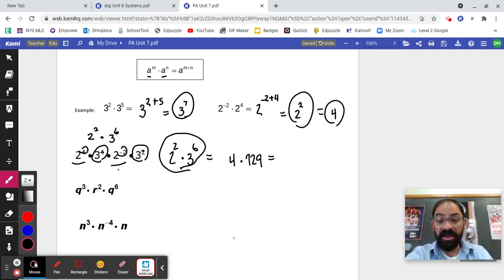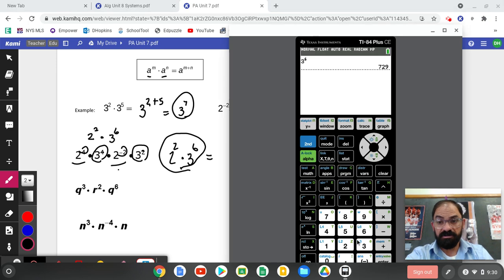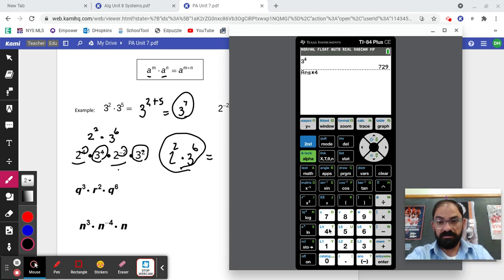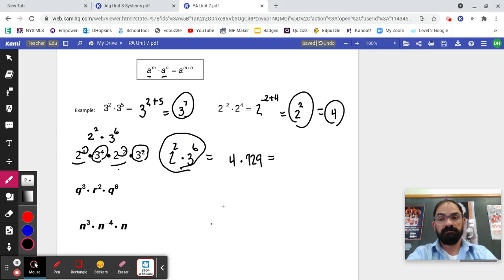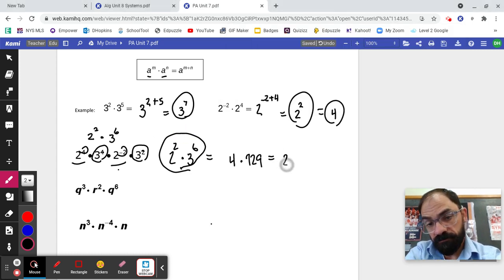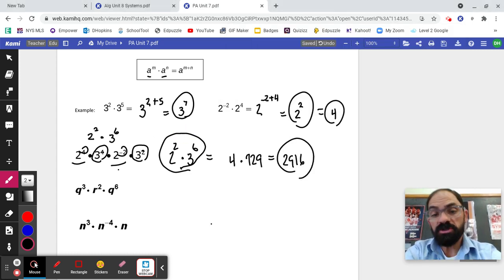And if I was to multiply that, 2,916. So they can be extremely large numbers.